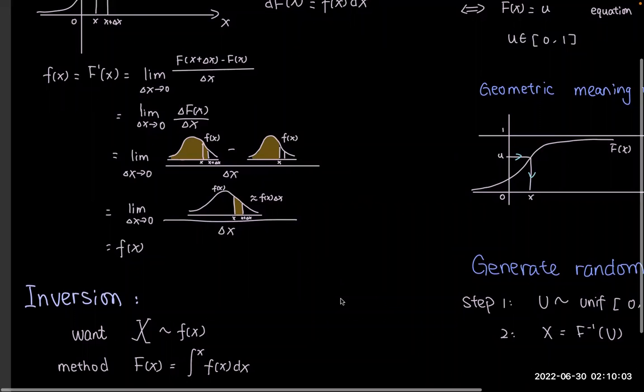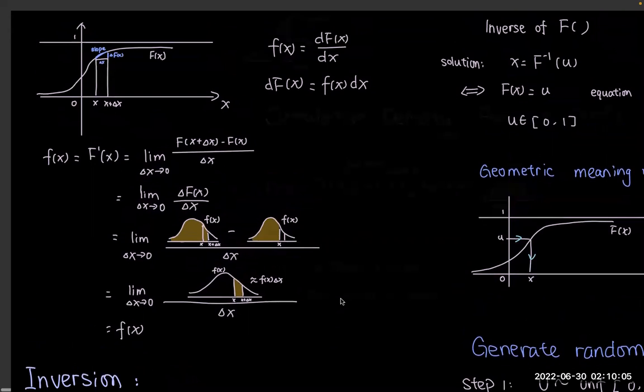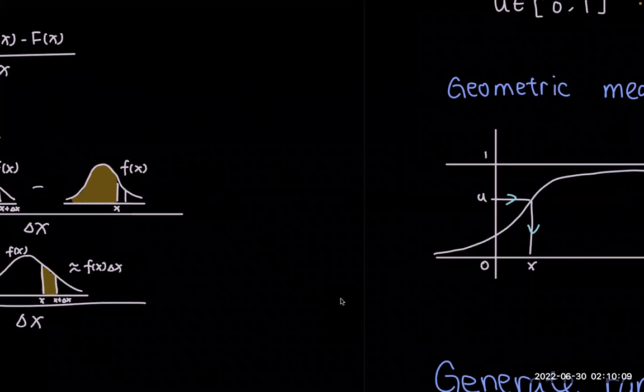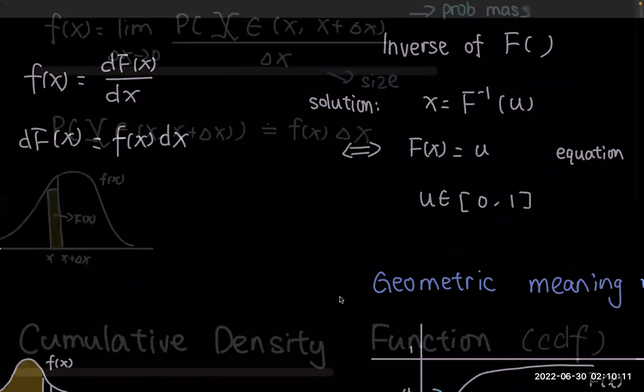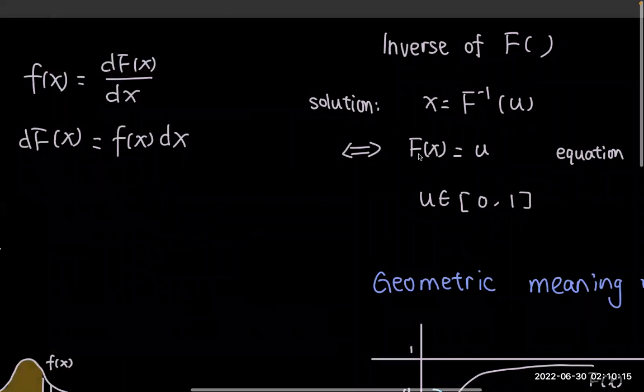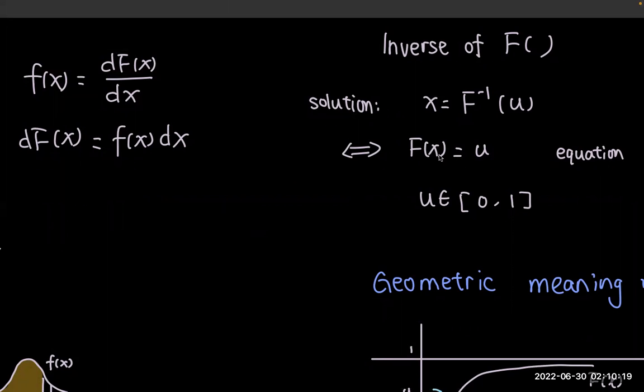After you compute that, you then compute the inverse of F. What do we mean by the inverse of F? It means we want to solve the equation F(x) = u, so that x = F inverse of u. So x is a solution to this equation.